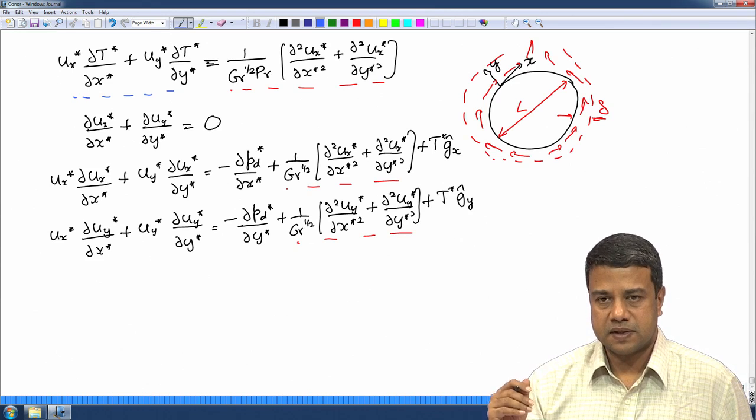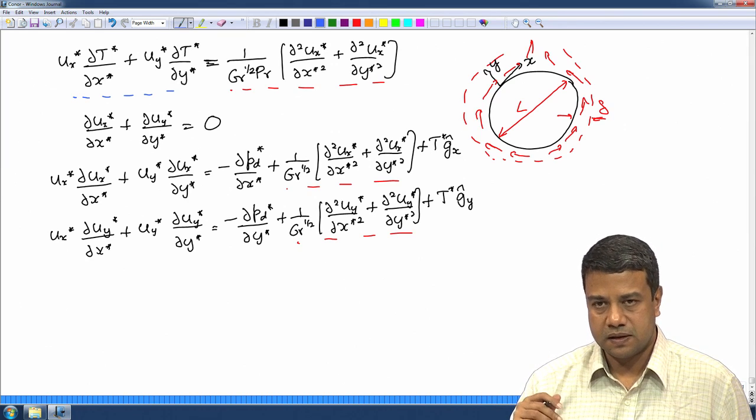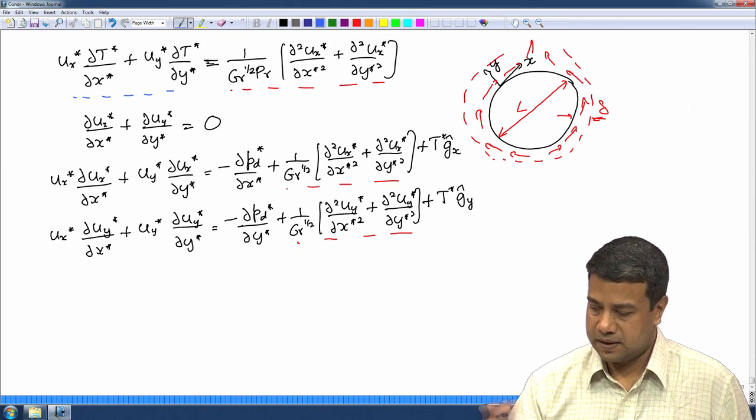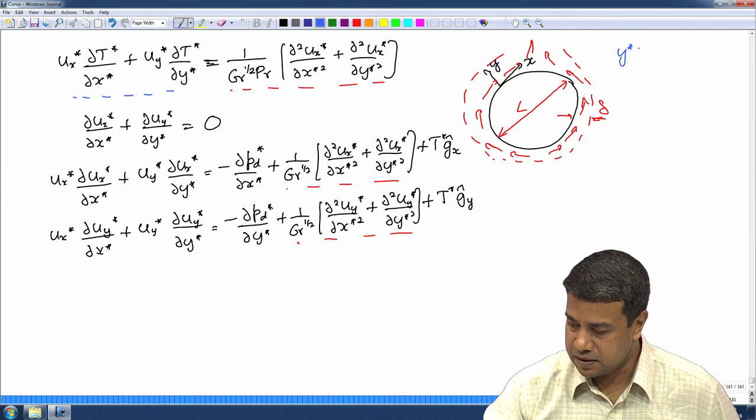With that, you will not be able to satisfy the boundary condition at the surface, and therefore, you have to consider a thin region, rescale the y coordinate, y star is equal to y by delta.